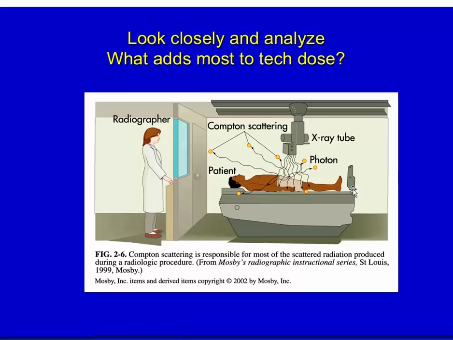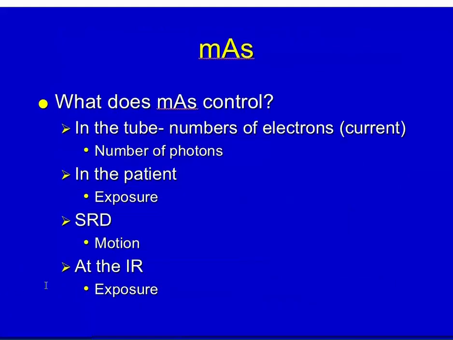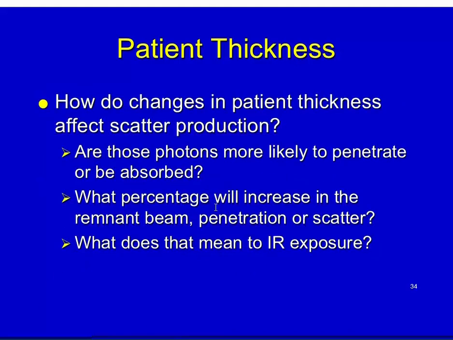So are you going to get more scatter radiation off of an asthenic patient versus a hypersthenic patient? Well, it depends. Which patient is going to create more scatter radiation? Well, it's a hypersthenic patient because of the soft tissue. So of the patient types, a hypersthenic patient is going to cause a higher occupational dose.